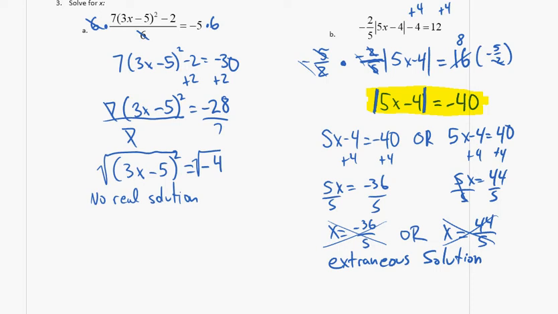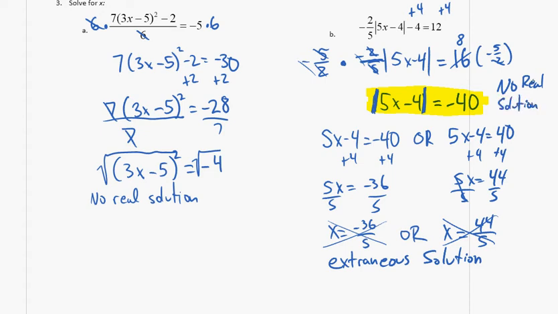So anytime that you have isolated the absolute value and it's supposed to equal a negative number, you actually know right away that there will be no real solution. So if you're paying attention, you know that there's no real solution.